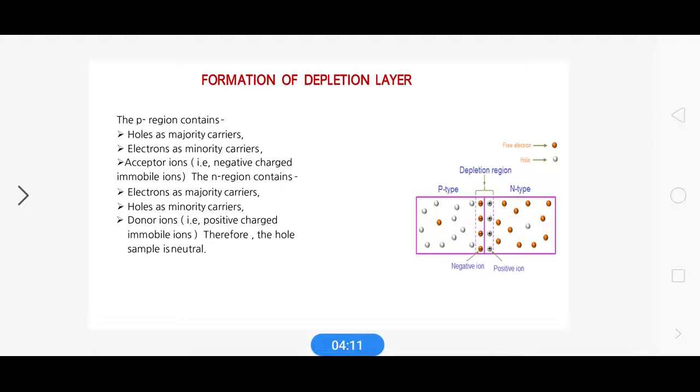So these are the majority and minority charge carriers and ions in the P region as well as in the N region.